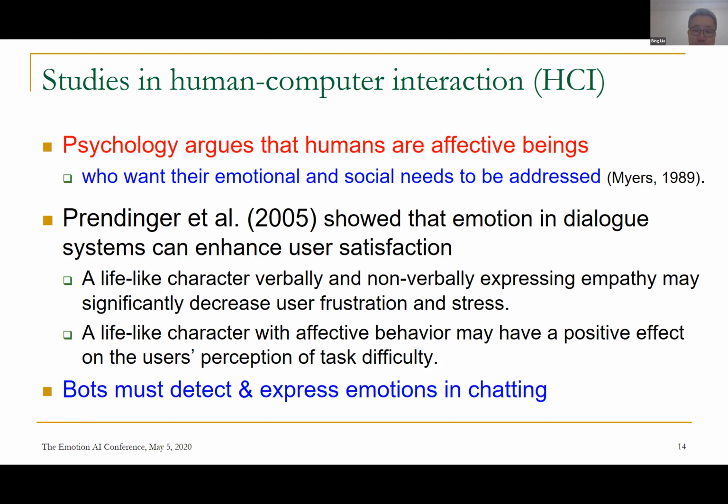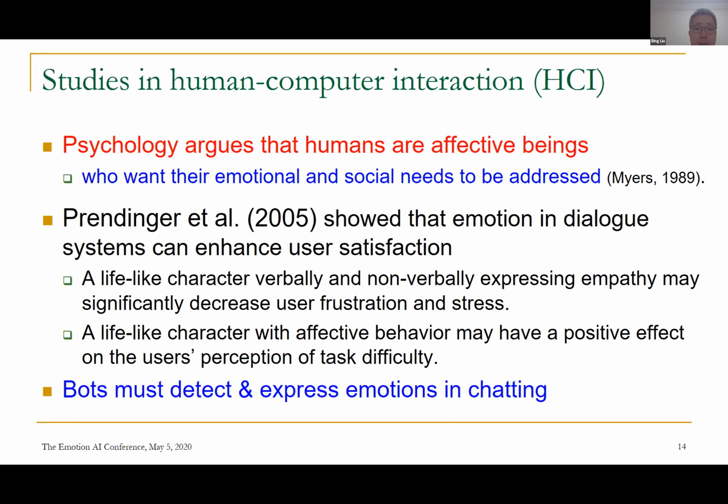They showed that if you use empathetic language, you can decrease the user's frustration and stress. And you can also encourage people to communicate with you more, which is quite positive. So obviously, when you want to communicate with people, even in simple situations, you should use emotion and empathy.